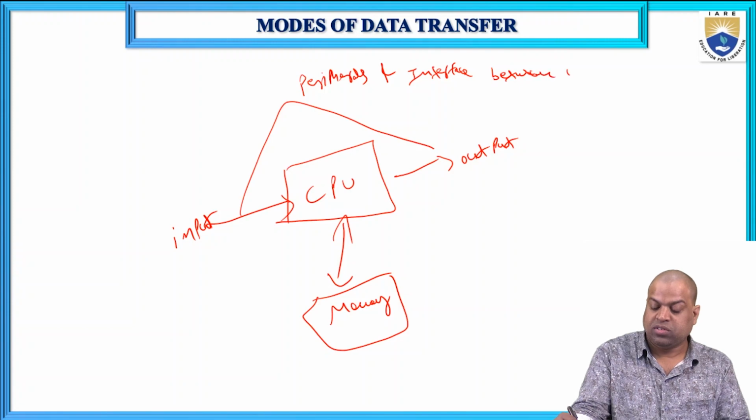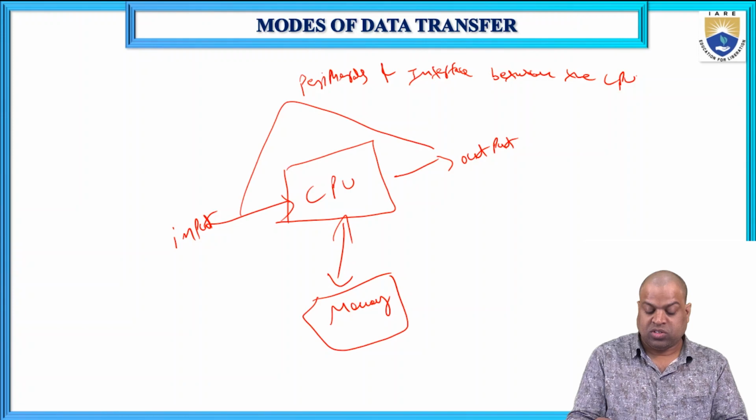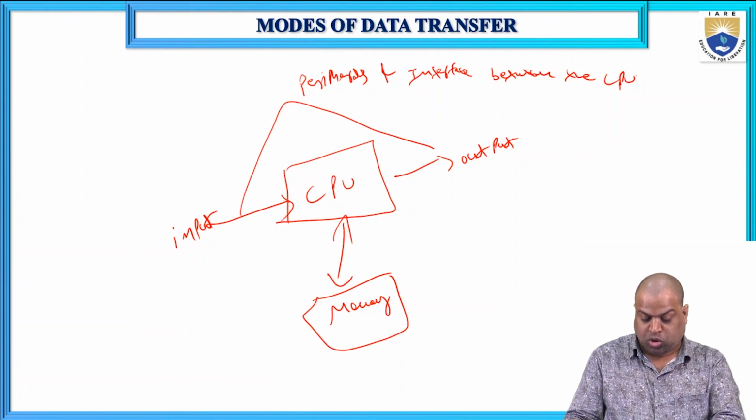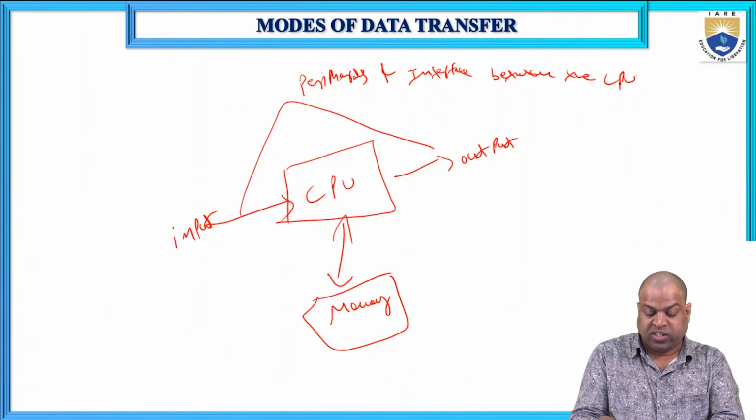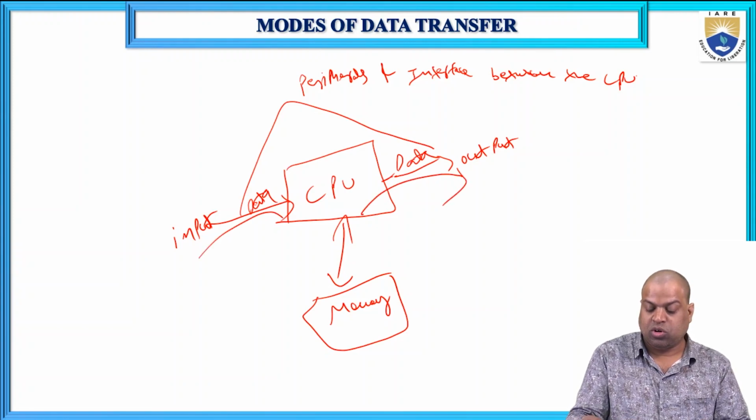Interfacing between the CPU. So once programmed input output is generated, the data register is transferring the data from input to output, input to CPU, CPU to output.